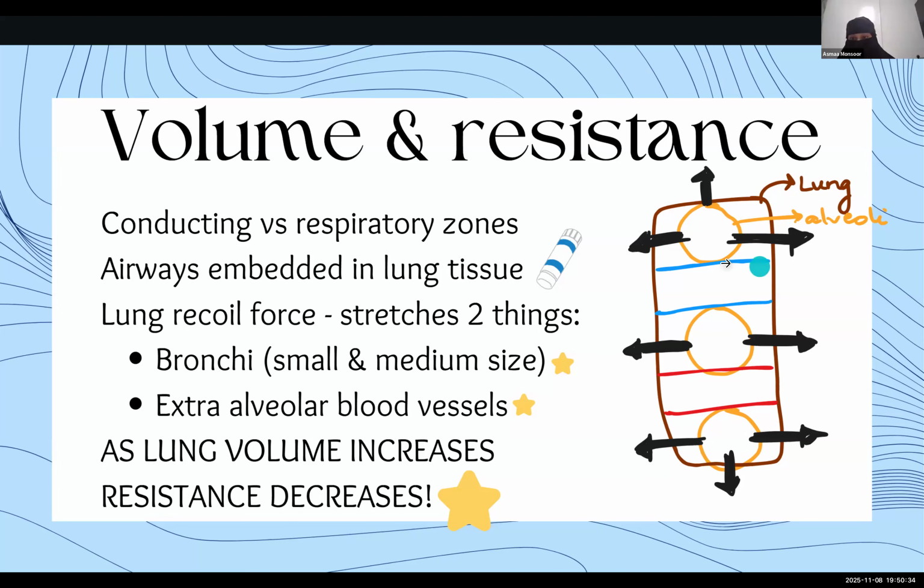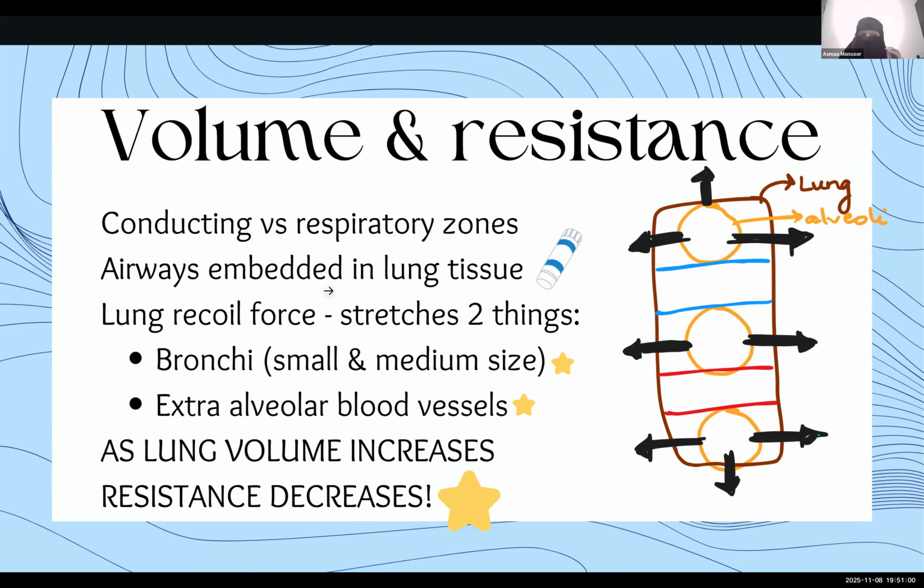When it expands, it also pulls together the bronchi, so there is decreased resistance. As the lung expands, the lung volume increases. When the lung volume increases, there is more outward pull. As the alveoli pull, they also pull the bronchi with them, so there is decreased resistance.